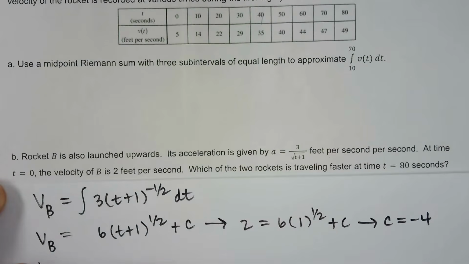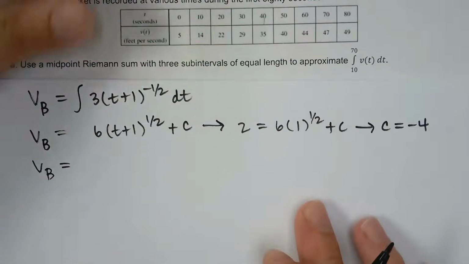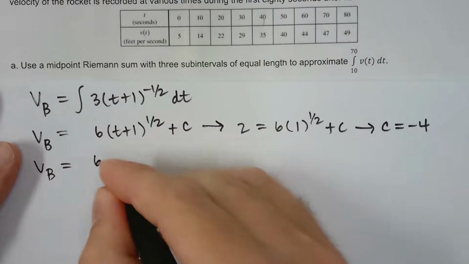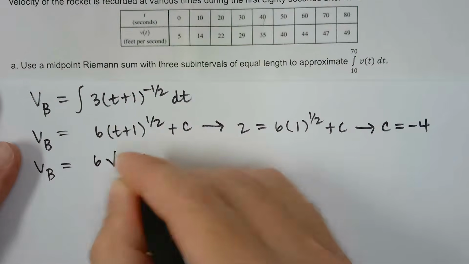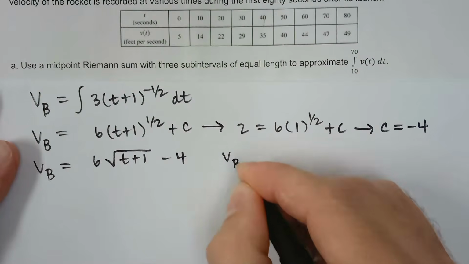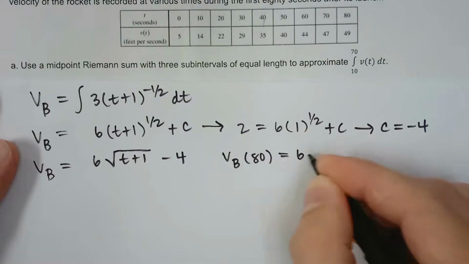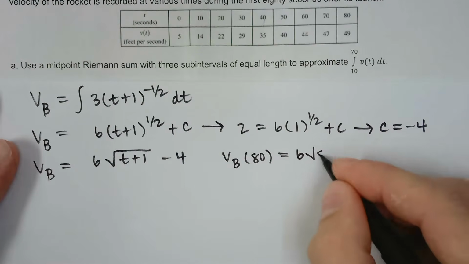So velocity of B equals, let's move this up, 6 square root of t plus 1 minus 4. And so if I wanted the velocity of B at time t equals 80, that would be 6 times the square root of 81 minus 4.